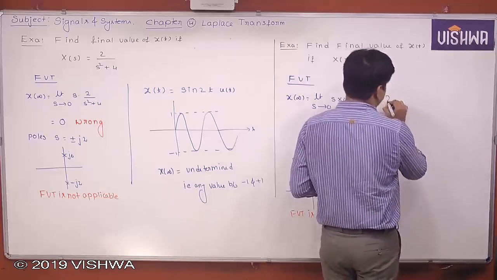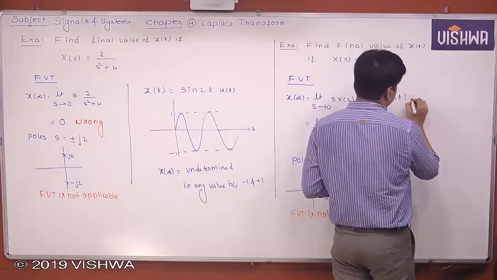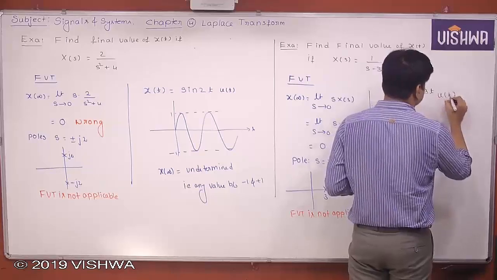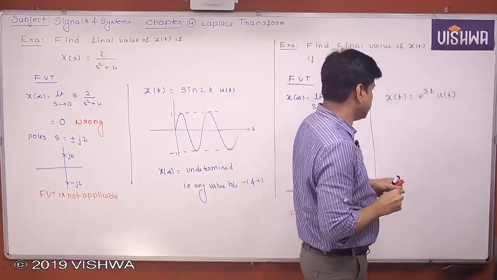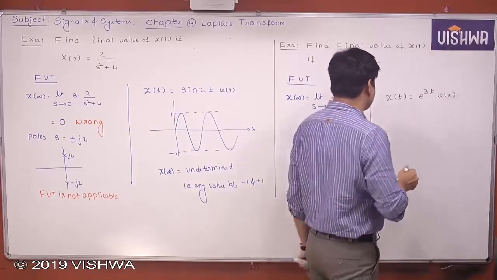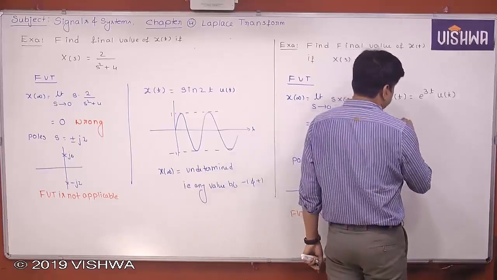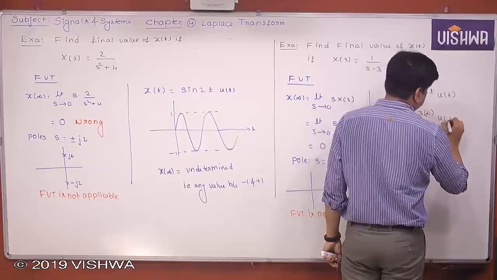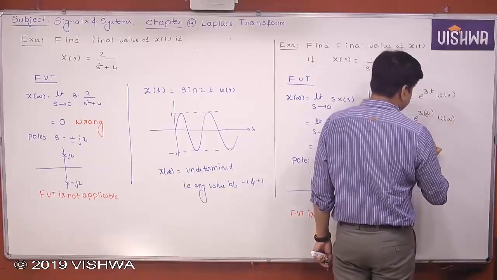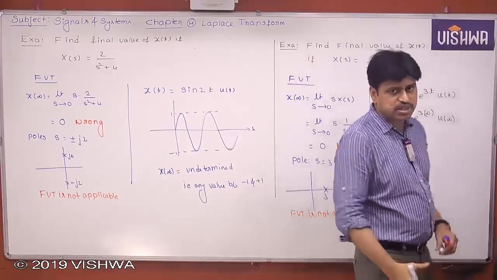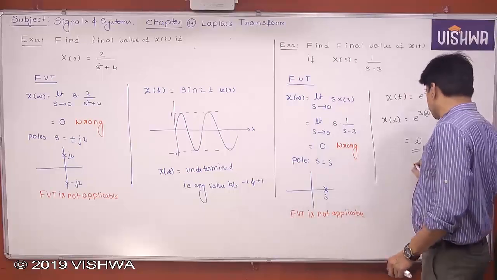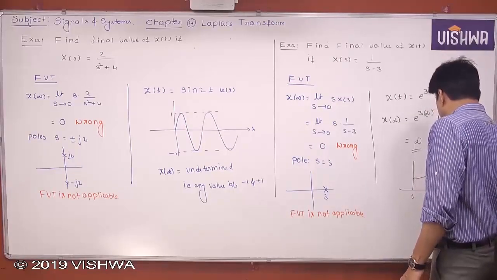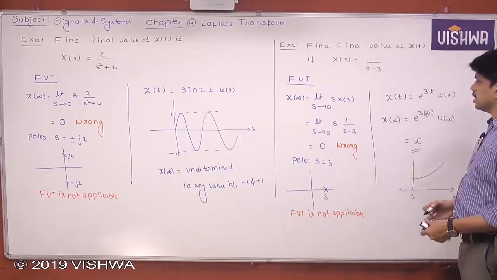We can go for x of t. What is x of t? E power 3t u of t. Directly substituting, x of infinity is e power 3 into infinity u of infinity, which is going to be infinity. This is the correct answer because it is a growing exponential, whose value at t equal to infinity is infinity.